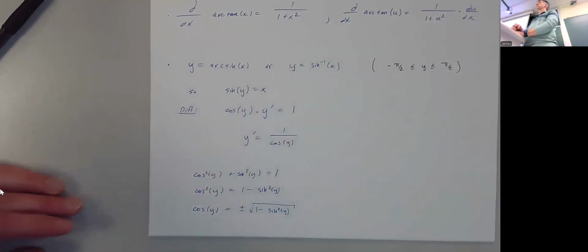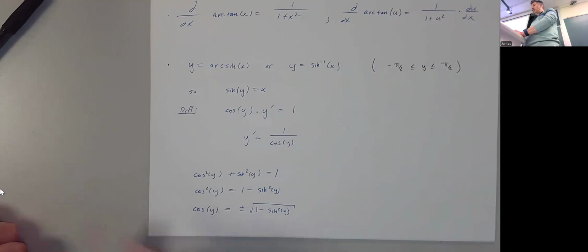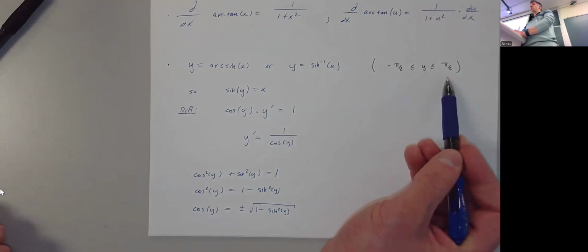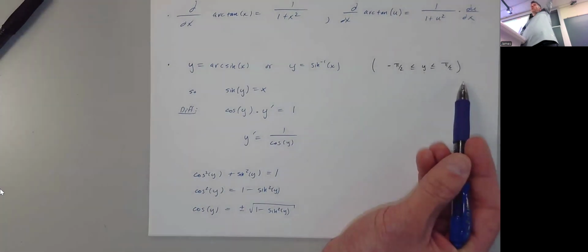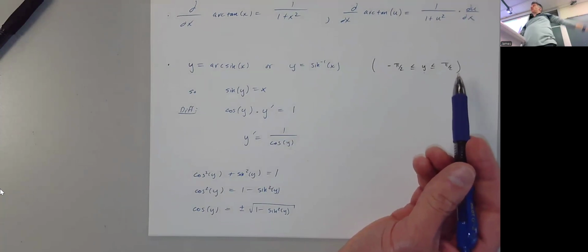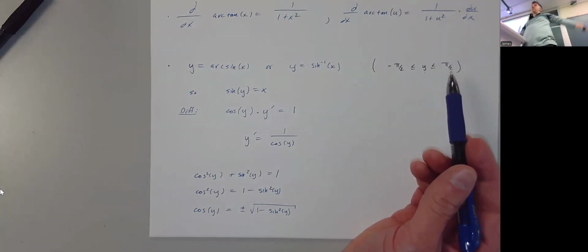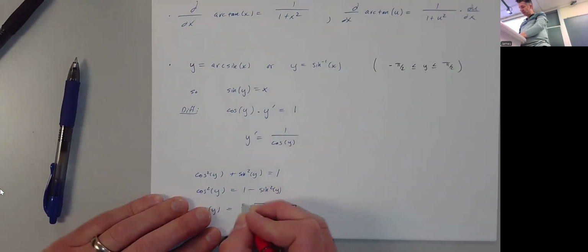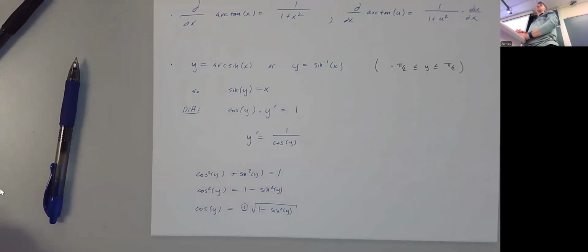But, just like before, we know that the angle y is between negative pi over 2 and pi over 2, which means it's in quadrants 1 or 4. And cosine of an angle that's in quadrant 1 or in quadrant 4 always ends up being positive. It has to be positive. You have no choice.